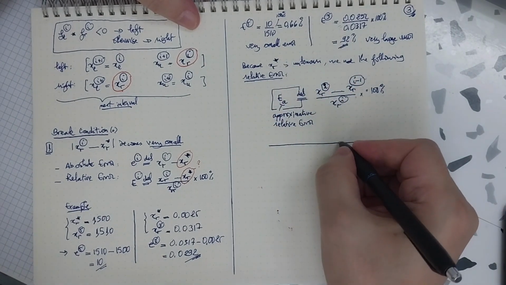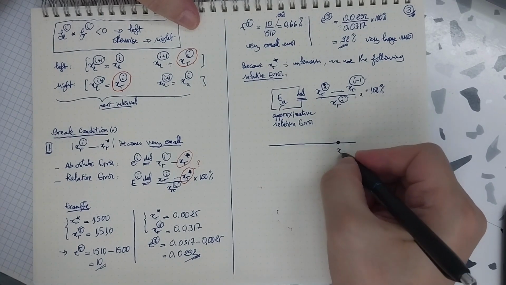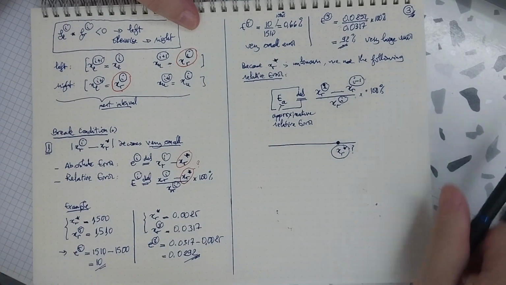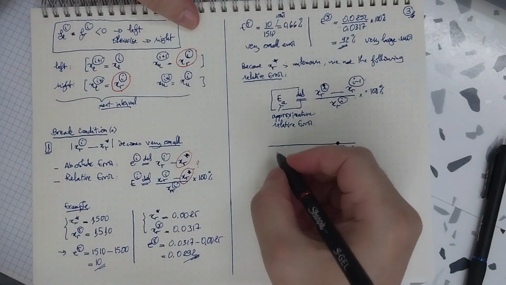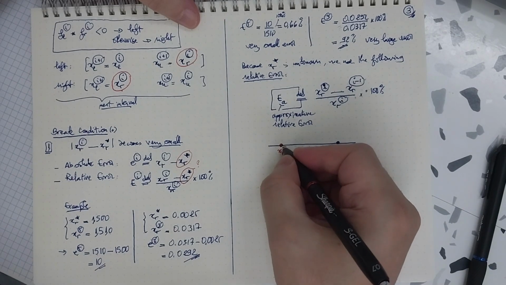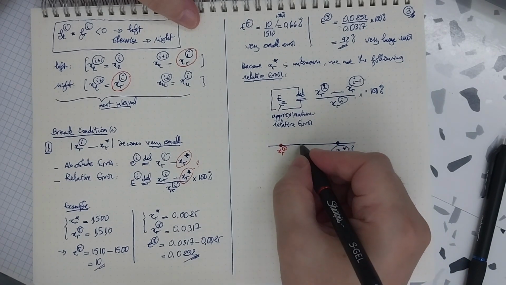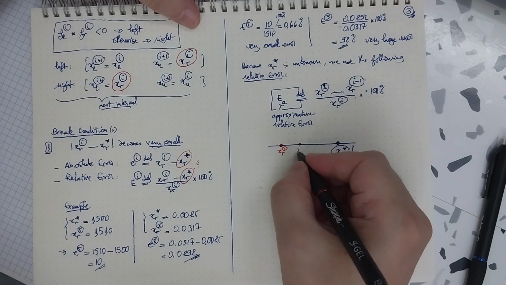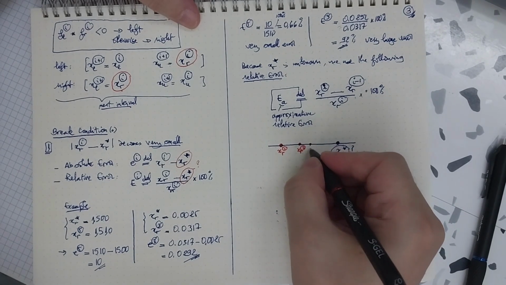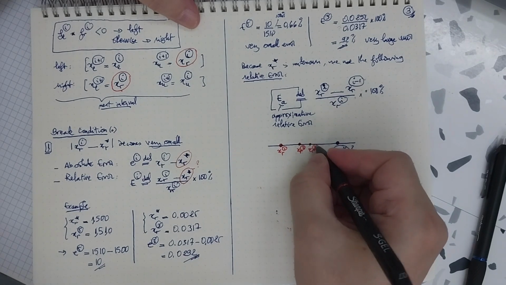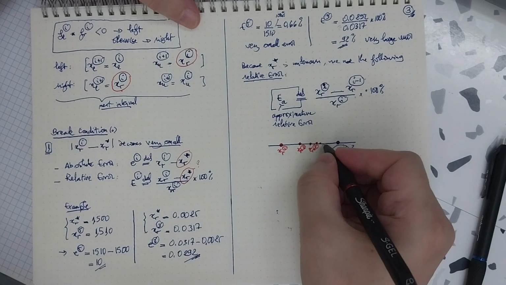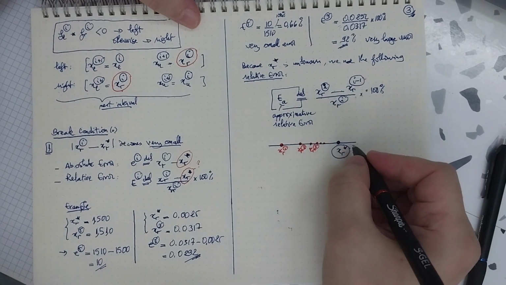Let's suppose this is XR star, the unknown. And we started XR1 here. Then we get XR2 here. Then XR3 here. And then XR4, and then XR5, and so on.